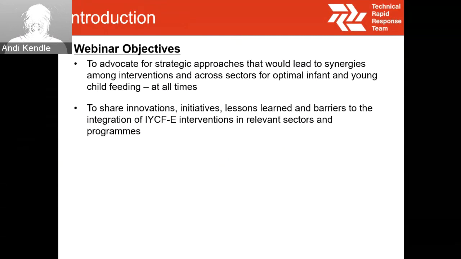Next objective. We've been talking about integration of IYCF with other sectors for several years, and it's very clear, I think everyone knows, that infant and young child feeding programming, both in emergencies and not, is really important, and everybody wants to bring it into programming.